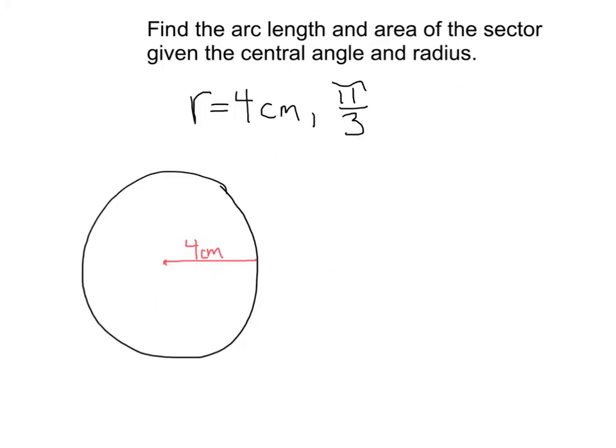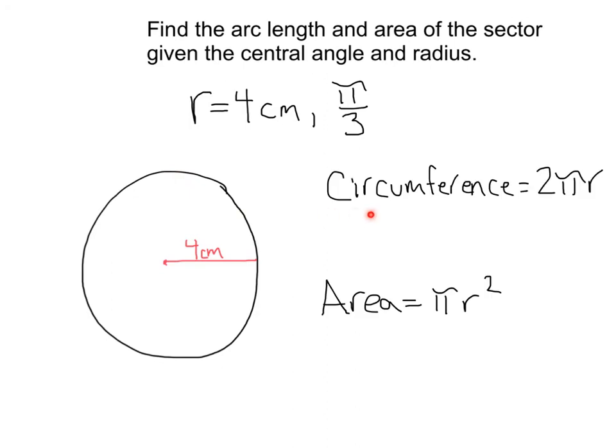Let's do an example involving parts of circles in order to find arc length and area of a sector. Here we want to find the arc length and area of the sector given the central angle and the radius. So we've got a radius of 4, and we want to find these things based on the central angle of pi over 3. Here we've got our circle with radius of 4. So let's go ahead and start by first finding the circumference and area of the whole circle.